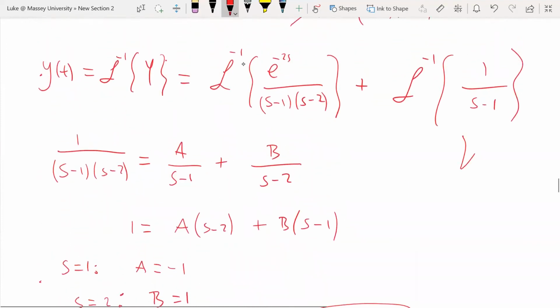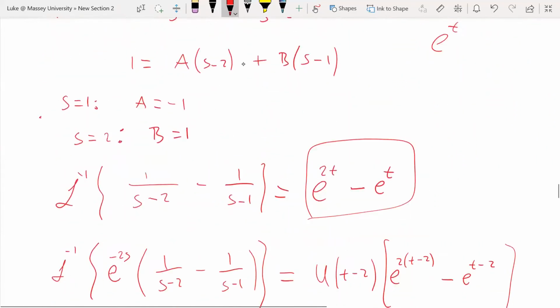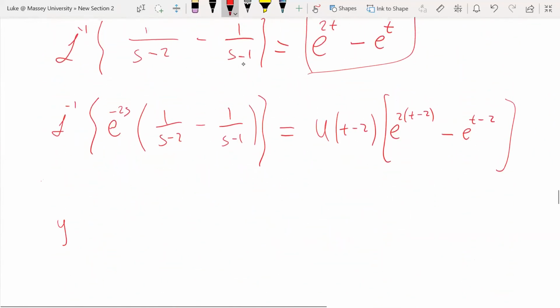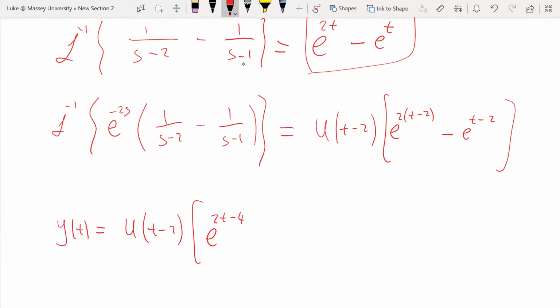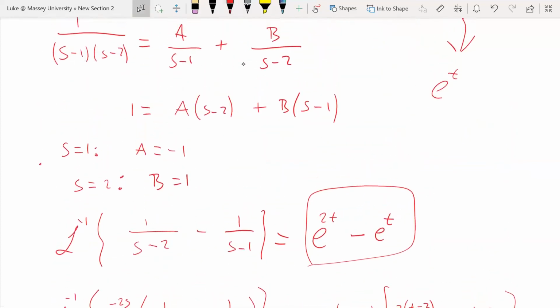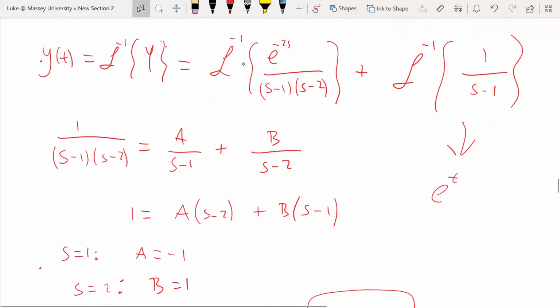This term here, the inverse Laplace transform is just e to the t. So finally, I can write my solution: y of t is equal to u of t minus 2 times e to the 2t minus 4, minus e to the t minus 2, plus that e to the t, that last term here.